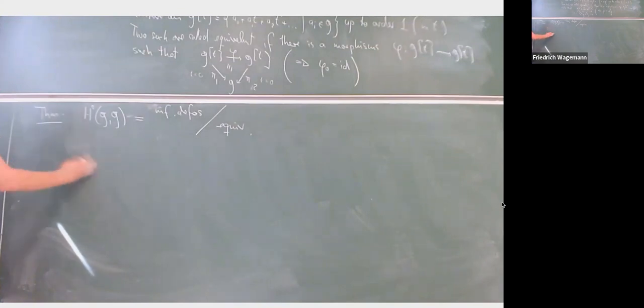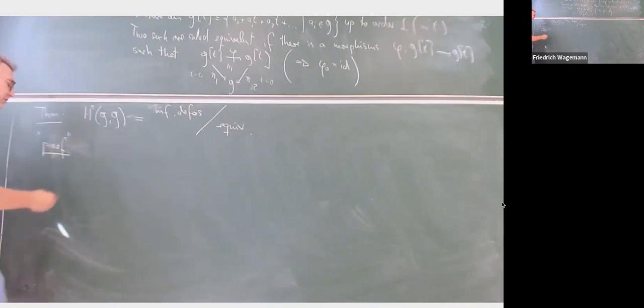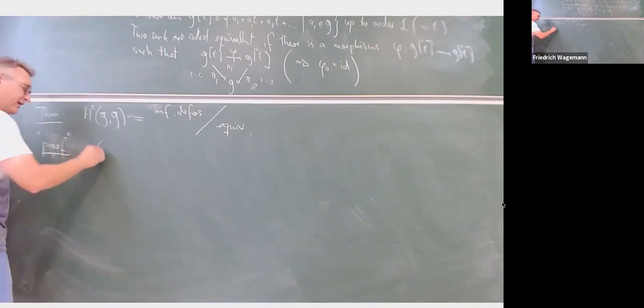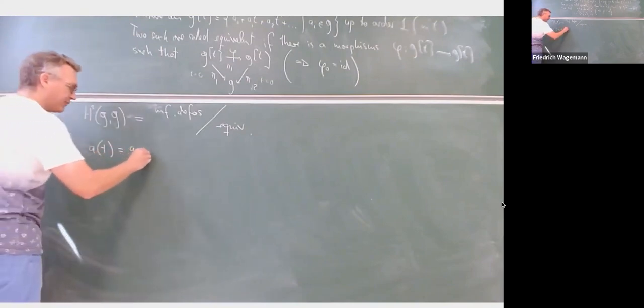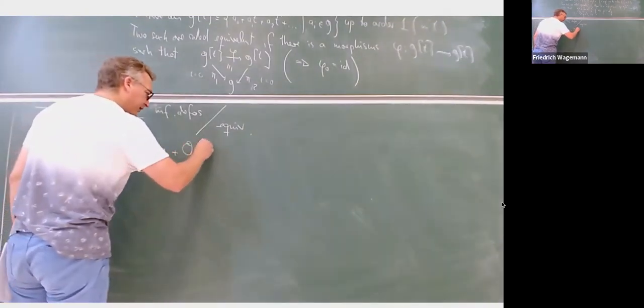In order to show this, here are hints on the proof: a(t) is a plus t a_1 plus O(t squared).